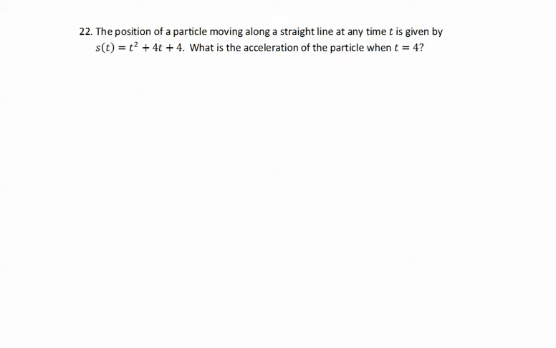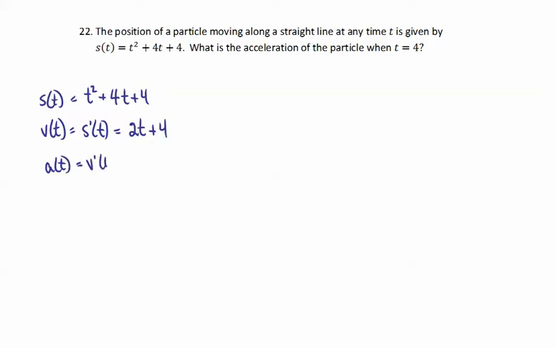So let's see how this goes. s of t is equal to t squared plus 4t plus 4. Then v of t is just s prime, the derivative of position, and that is 2t plus 4. Now, acceleration is the derivative of velocity.